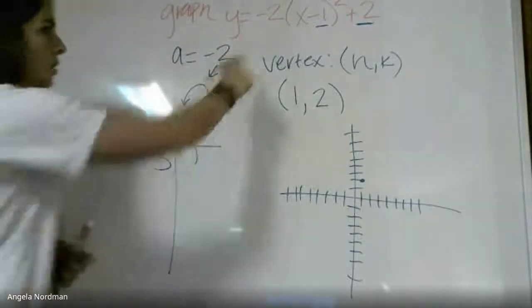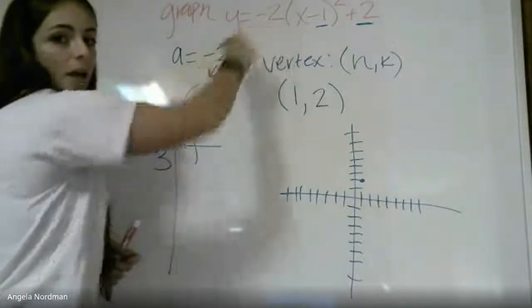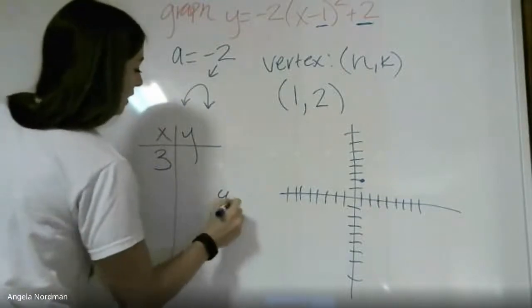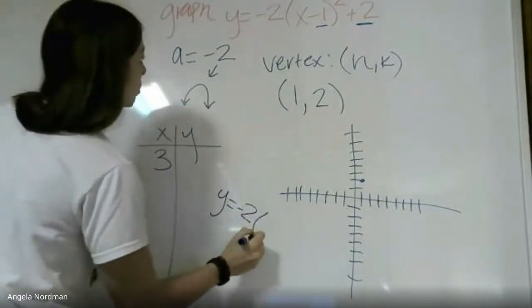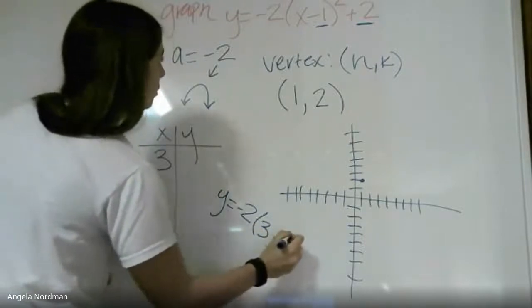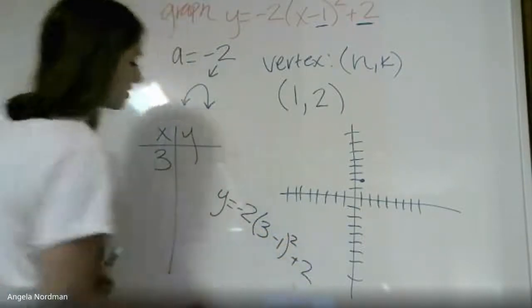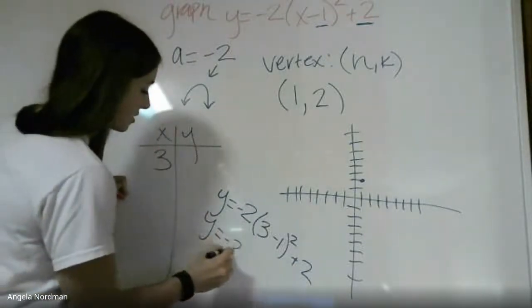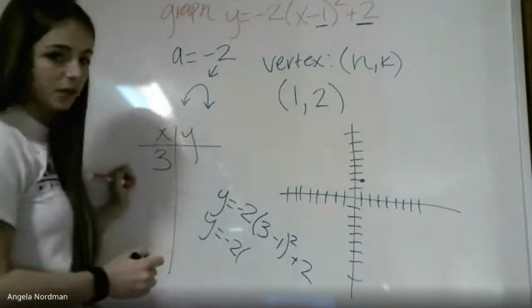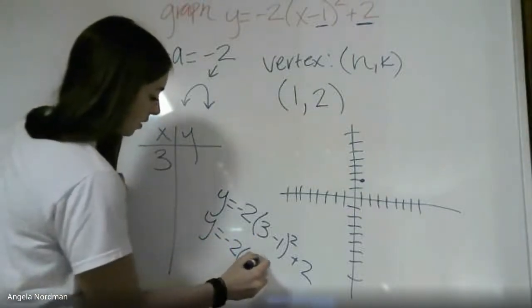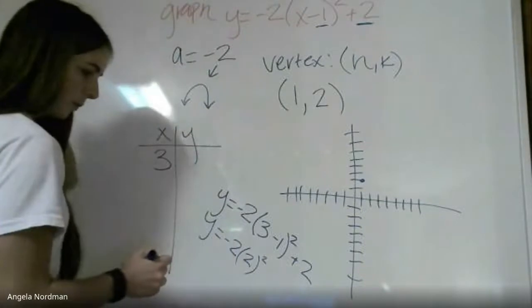So what I would do is plug 3 into my original equation. This is substitution. So it'd be y equals -2 times 3 minus 1 quantity squared plus 2. Order of operations says, let's do inside of parentheses first. So 3 minus 1 is 2 squared.